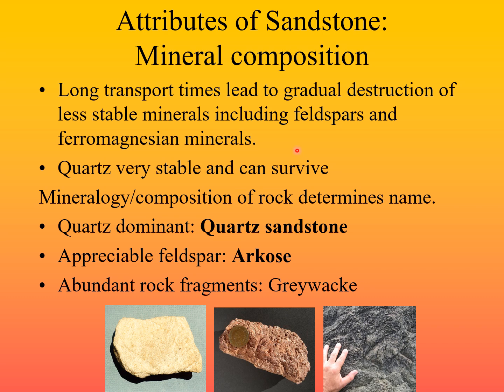Those minerals get transported by wind or water, and if they're a mineral that cools at higher temperatures and pressures, they're less stable at the surface. And so they tend to be destroyed more quickly or break down more quickly. And those tend to be the feldspars and the ferromagnesian minerals like olivine, pyroxene, some garnets, things like that.